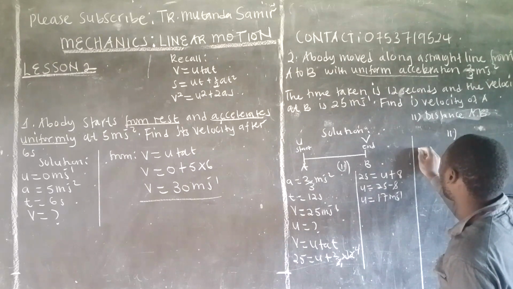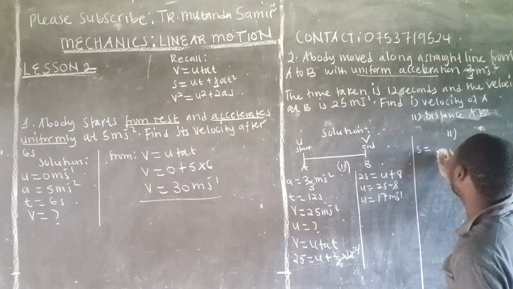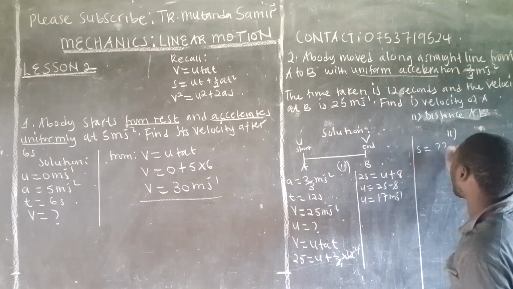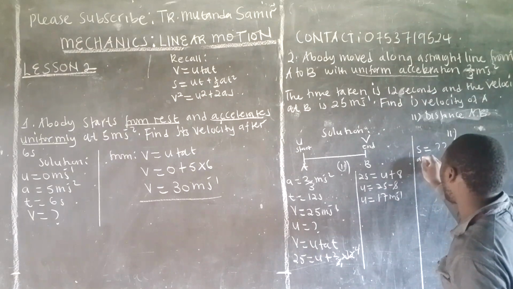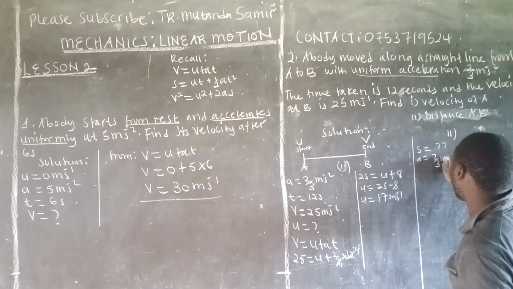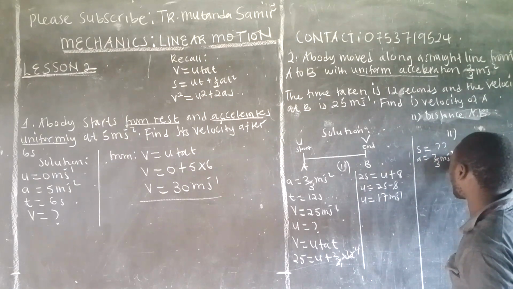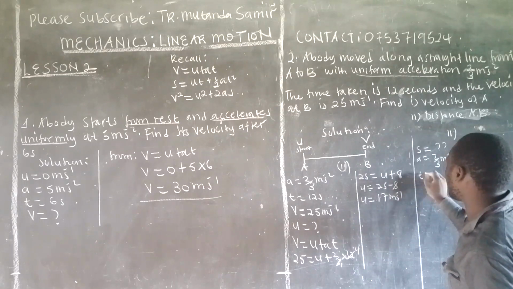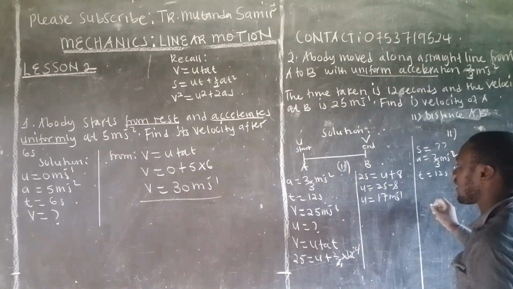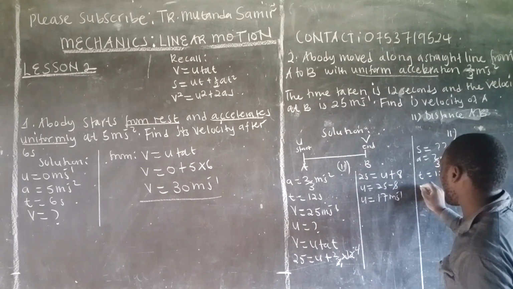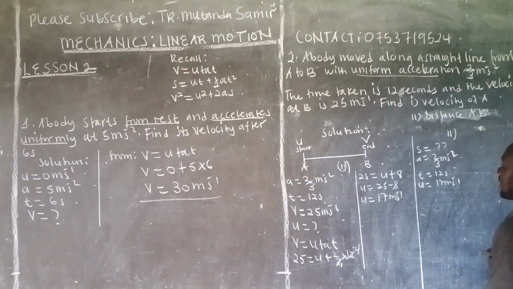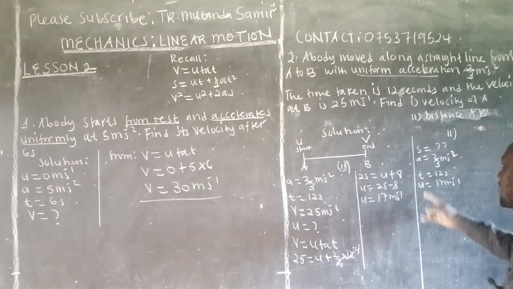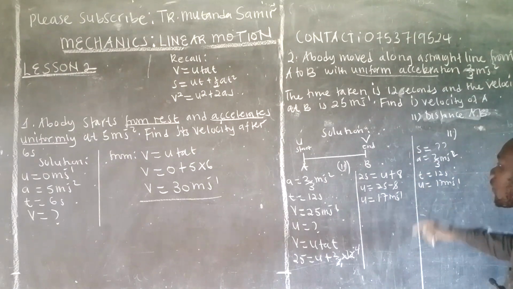So now here we shall say that our displacement S we don't know, but we have the other details. Our a is still 2/3 meters per second squared, that is acceleration. Our t is equal to 12 seconds, and the u is 17 meters per second. Now let's look at this: we have s, a, t, u.